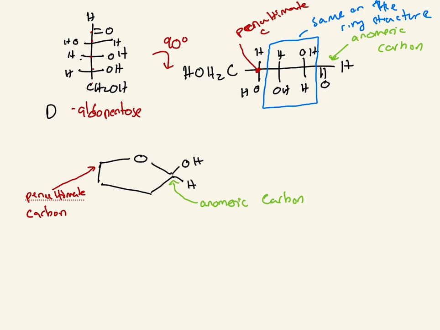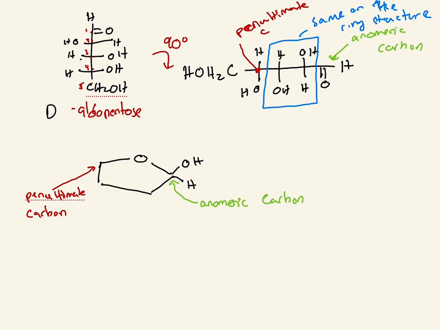And so if I was to number them on the original chain here, this was 1, 2, 3, 4, 5. The anomeric carbon was which number? 1, right? Because this is the anomeric carbon, which is the carbonyl carbon. 1, 2, 3, 4, 5.